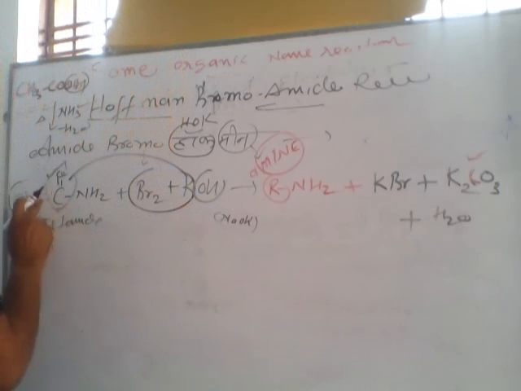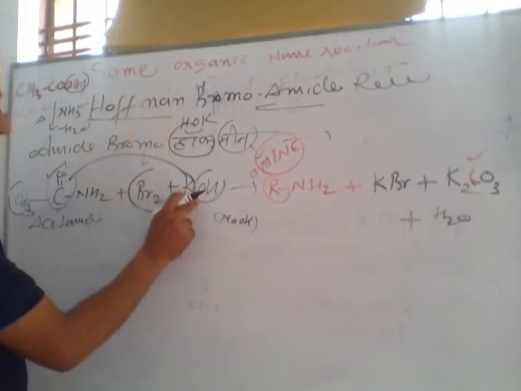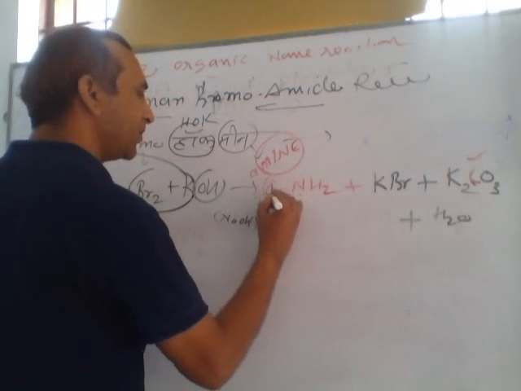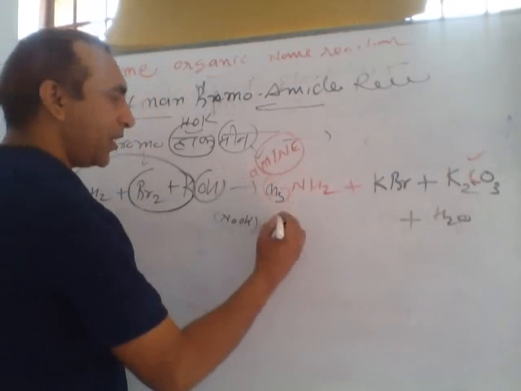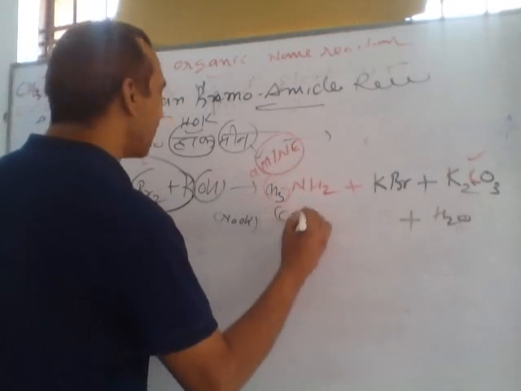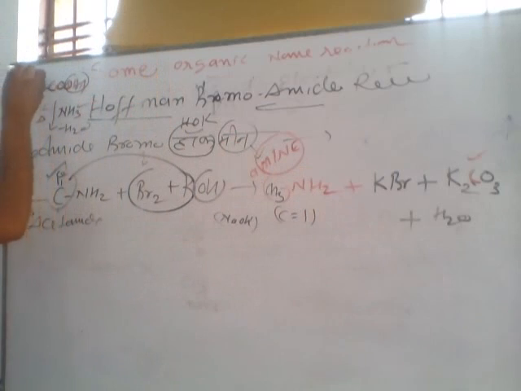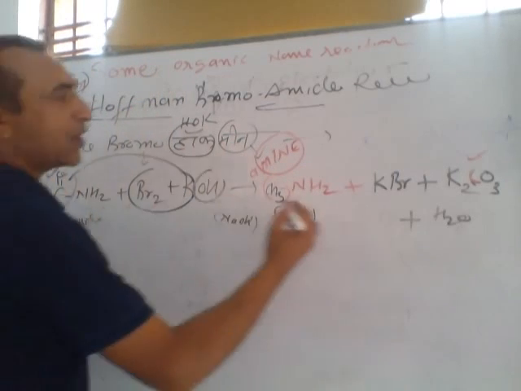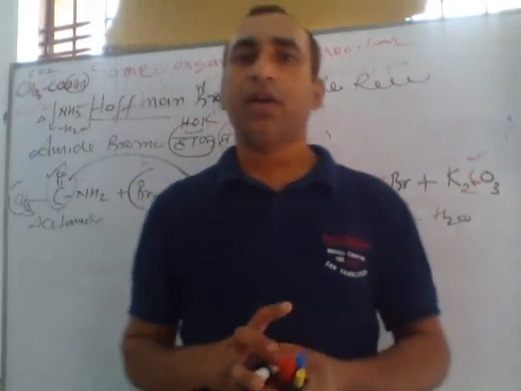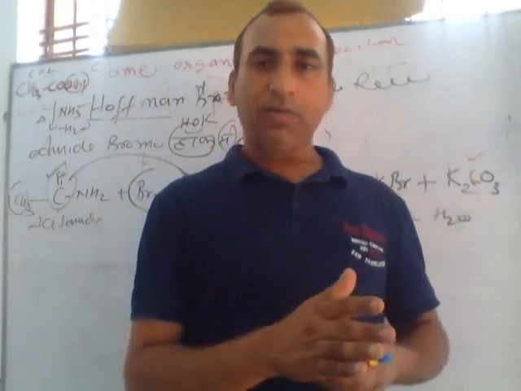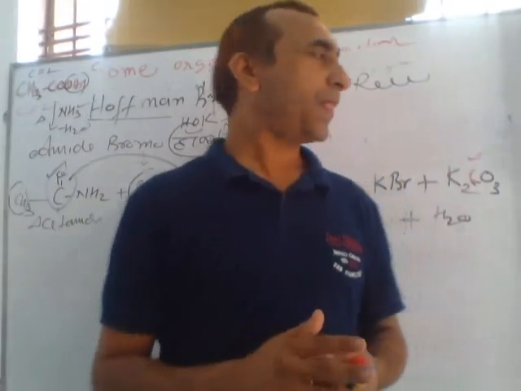So when acetamide is treated with bromine and KOH, methylamine is formed. Here the carbon is 1, but initially in the reactant there were 2. So 1 carbon is removed in the form of carbonate. This reaction is used for degradation of the number of carbon atoms.